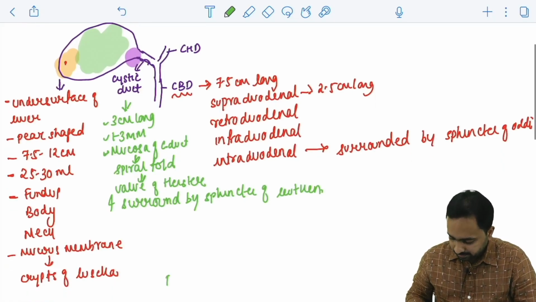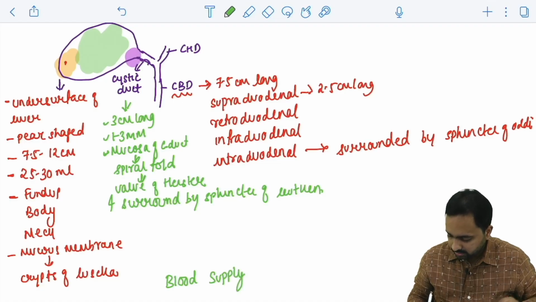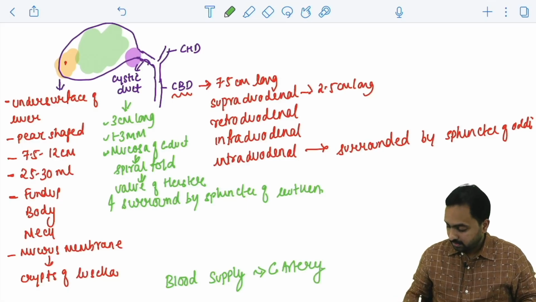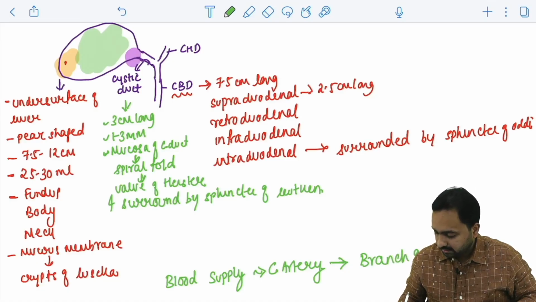So the blood supply over here is by cystic artery, which is a branch of right hepatic artery.